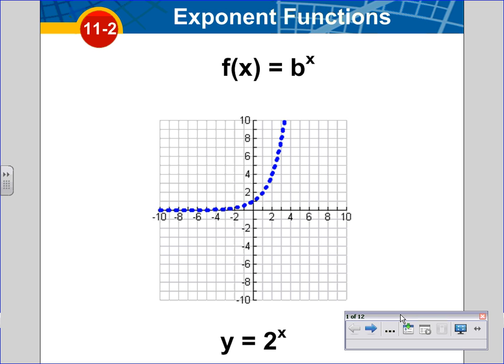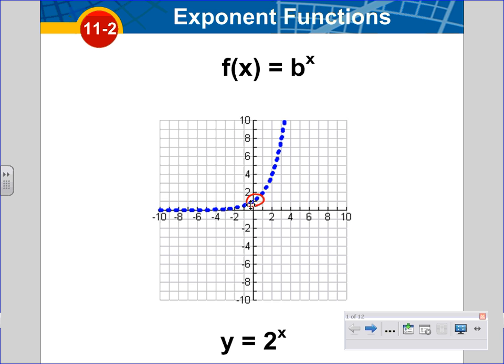So what I want to point out in each of these graphs is your y-intercept. All right, so our y-intercept for this guy is 1. The reason for that is this is the equation y equals 2 to the x. And we're going to use that as our parent function. If you remember, we've always had a parent function, y equals x, y equals x squared, y equals x cubed, and so on.